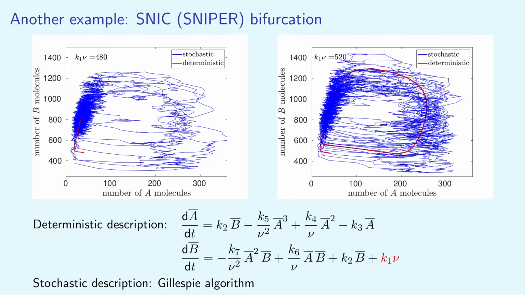In particular, during most of these cycles, the stochastic and deterministic solutions are relatively similar. It is only this region where noise helps the trajectory to escape the stable steady state, which then leads to sustained oscillations. In the right panel, you can see the system behavior for the parameter value K1 nu equal to 520, where both stochastic and deterministic systems oscillate.